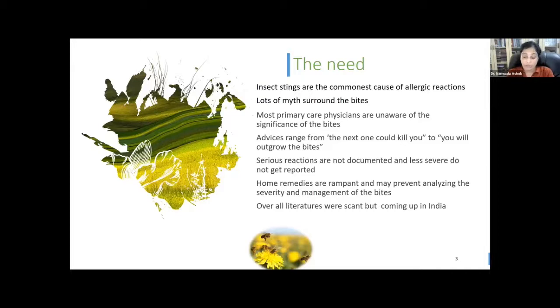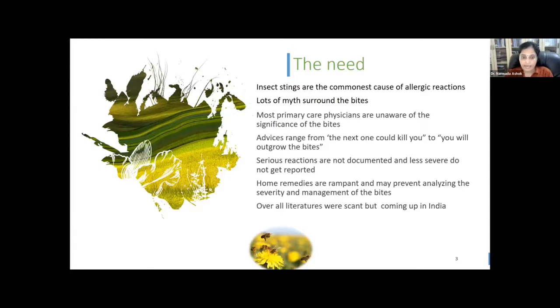Sometimes advice from the public ranges from the next one could kill you, or you will outgrow the bites, and they run to the hospital for even small bites, but the serious reactions they don't document, and the less severe ones do not come to the hospital. Home remedies are also very rampant, and they may prevent analyzing the severity and management of the bites.